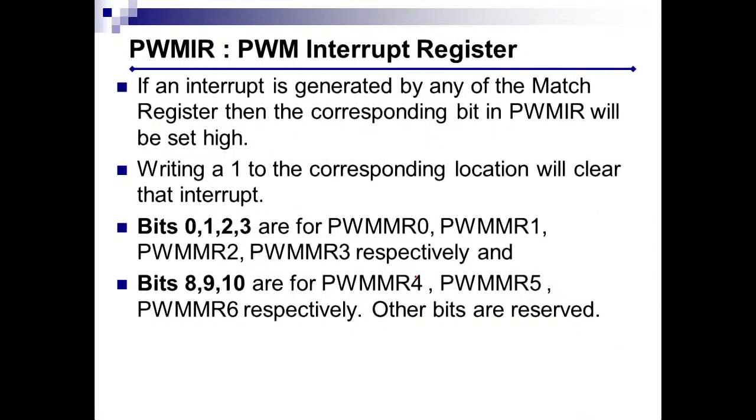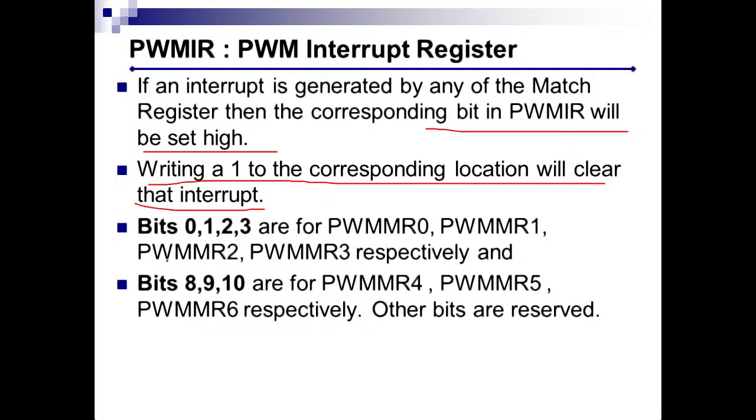Then there is the PWM interrupt register. If an interrupt is generated by any of the match registers, then the corresponding bit in PWM MIR will be set to high. Writing 1 to the corresponding location will clear that interrupt. So the interrupt will be generated, but if you want to clear it, you have to write 1 at the corresponding location.